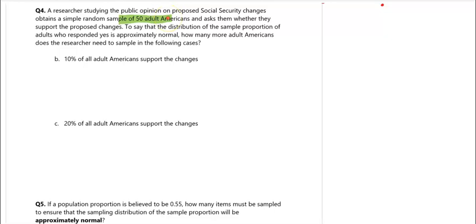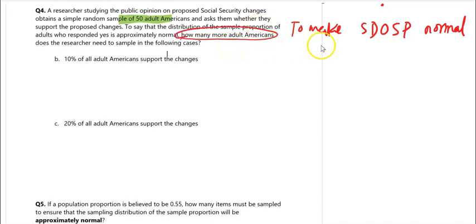So here's the idea: to make the sampling distribution of sample proportion, STOSP for short, normal, they chose 50, but that's not enough, so they want to do more. The question is asking how many more they need in these two situations. This is part A and this is part B.